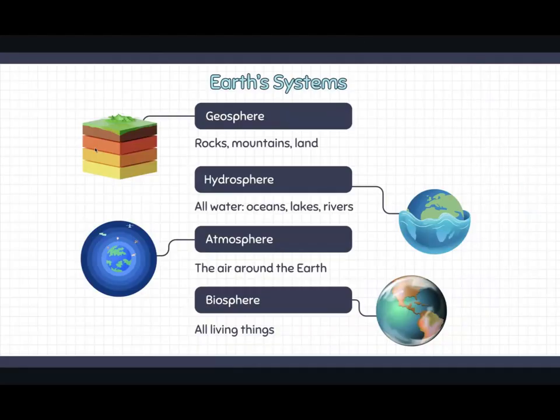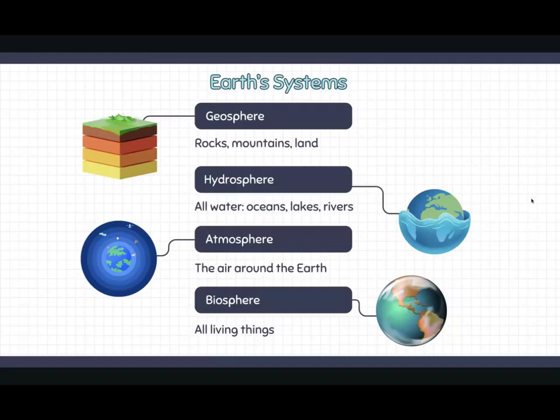The last part that I wanted to go over, in general, were Earth's systems. First, we have the geosphere, which is comprised of rocks, mountains, land. Following that, we have the hydrosphere, which is all water, oceans, lakes, rivers. Next, we have the atmosphere, which is the air around the Earth.